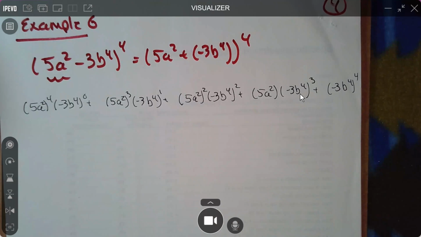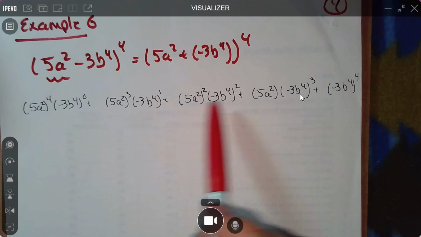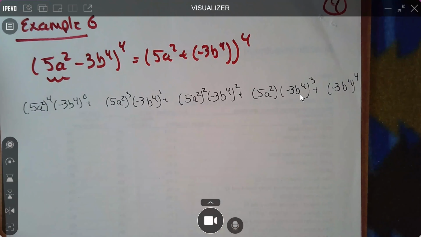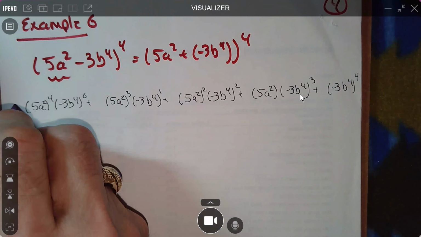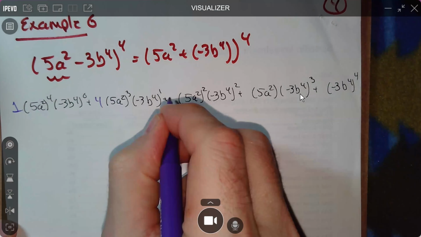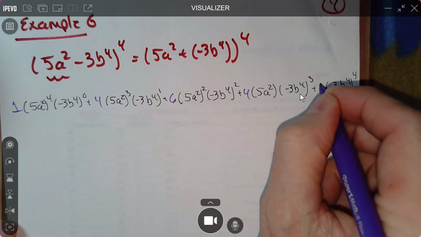Now I need to throw in some coefficients. Those coefficients come from Pascal's triangle. Those coefficients are going to be the same as they were for the last one, which was 1, 4, 6, 4, and 1. So let's drop those in and then start cleaning things up.